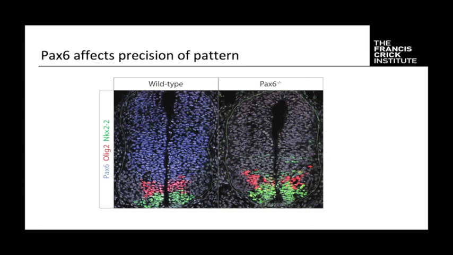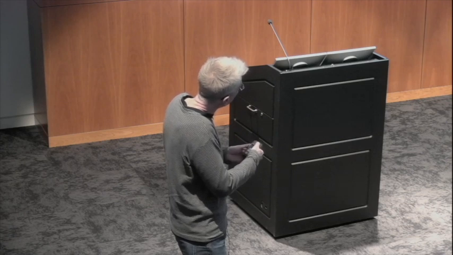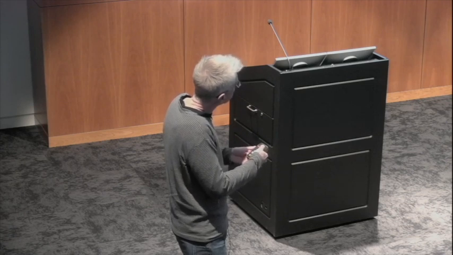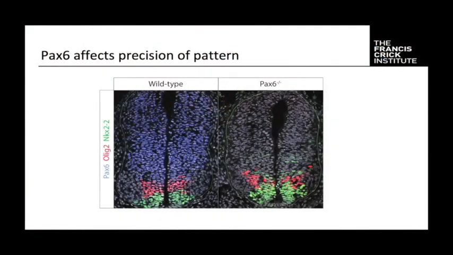But in addition, what was obvious is that the precision of the boundary between NKX22, the green gene, and the red gene, OLIG2, is much sharper in the wild type than in the PAX6 mutant. In the wild type, you've got a reasonably sharp boundary between OLIG2 and NKX22. But in the PAX6 mutant, now you're seeing much more intermixing of cells.